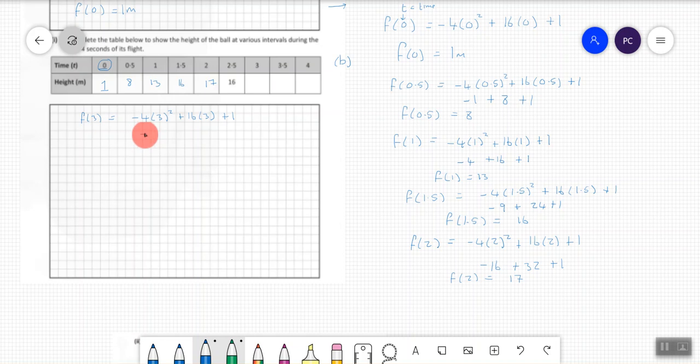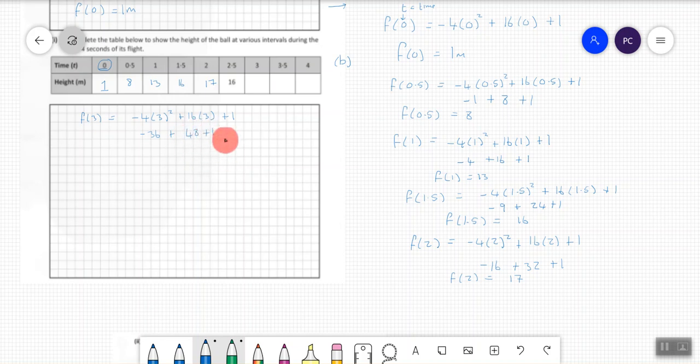That's going to be minus 36, plus 16 by 3 equal to 48, plus 48 plus 1.